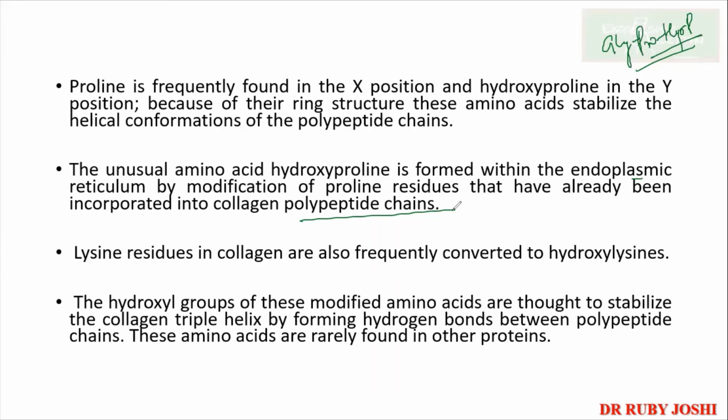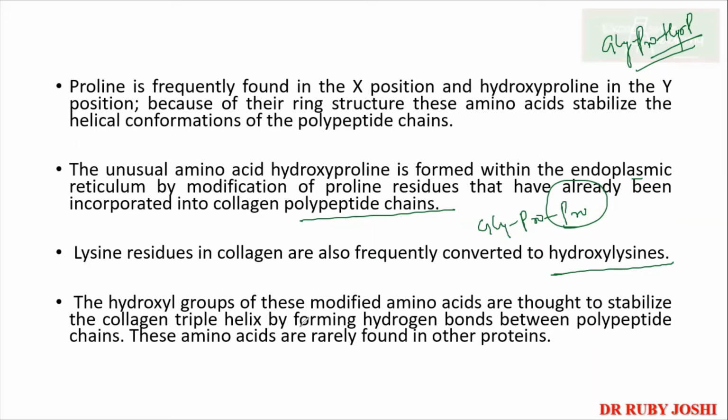So what does it mean? It means first your collagen is made, containing glycine and proline. Later this gets modified. Okay, now in a few cases lysine residues are also present, which later get converted to hydroxylysines. These are the modified amino acids found in the collagen.